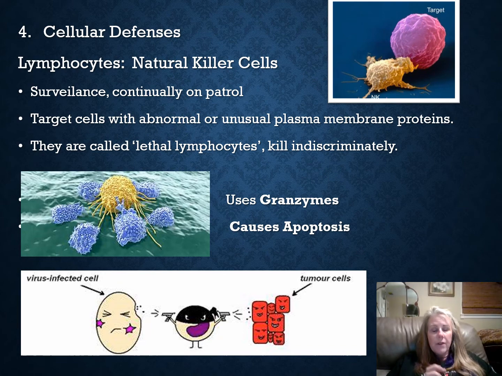If a natural killer cell doesn't recognize a cell, it's going to take a grenade, a granzyme, and toss it into the cell, and it's going to cause that cell to die. We call that apoptosis, programmed cell death. That's probably a pretty good way to visualize that: granzymes being like grenades, throwing it into the tumor cell, throwing it into the virally infected cell, and causing those cells to die.